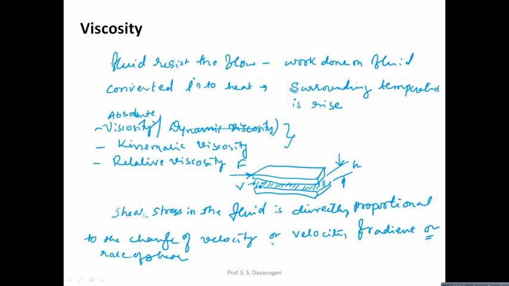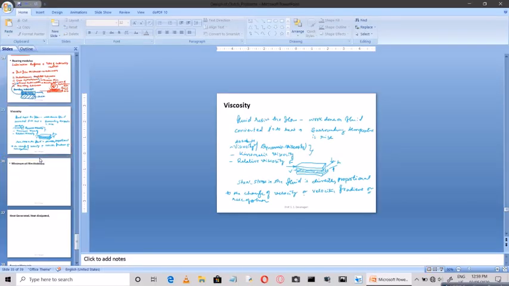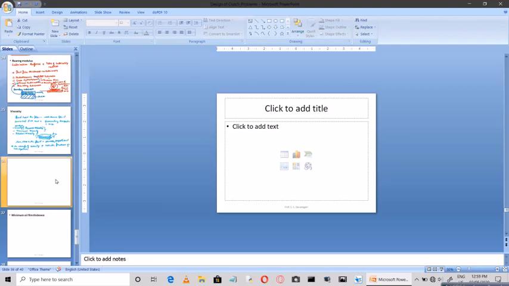That is, if the velocity is more, the sliding will be more, then you are going to get more frictional force. If the velocity is less, we are going to get less frictional force here.